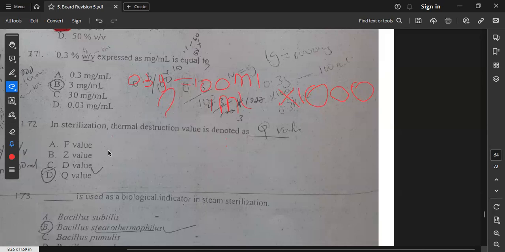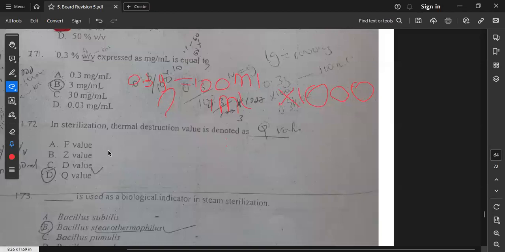For the D value, it is the rate at which microorganisms are killed. The Z value is how the killing rate is influenced by temperature.